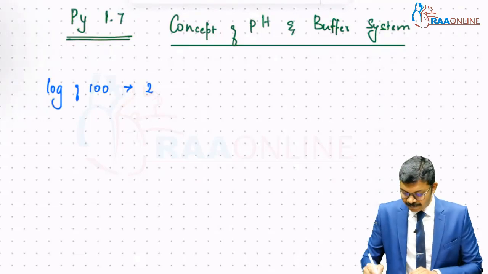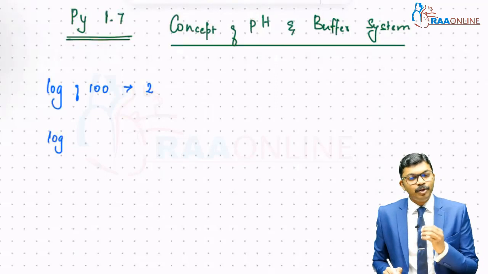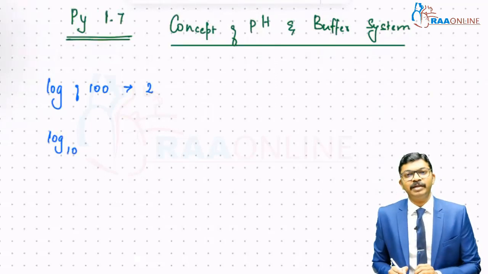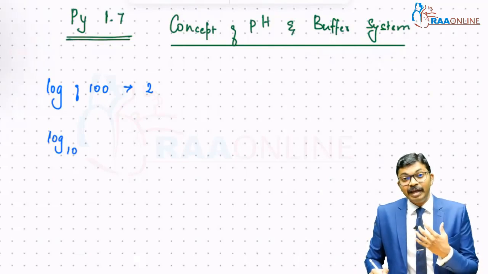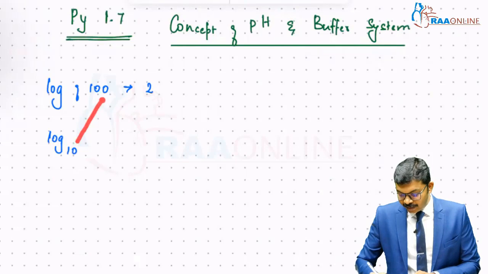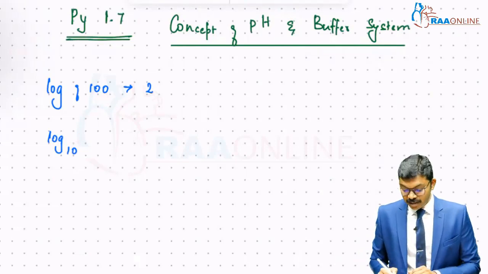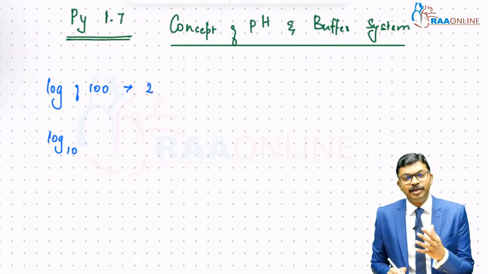So what is this? In reality, when I say log, I'm going to use a base number 10, and how many times I have to raise the 10 so that I will reach 100. If I have to reach 100, I have to go for 10 squared, which means I have to multiply 10 into 10 two times.